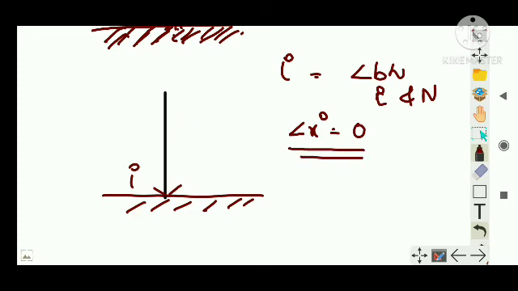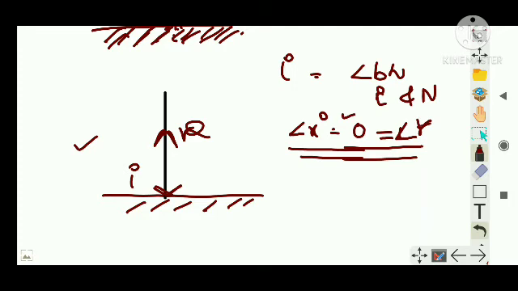That's why I wrote angle of incidence is 0. Now when this happens, the reflected ray is also in here. This is our reflected ray. So I can say both the angle of incidence and the angle of reflection are 0 in this case. That is, when the incident ray falls normally on a plane mirror, the angle of incidence and the angle of reflection are equal to 0. Clear? All this you have learned, right?